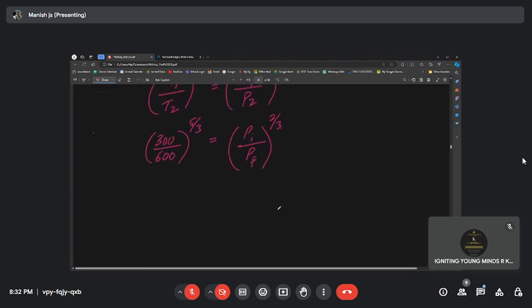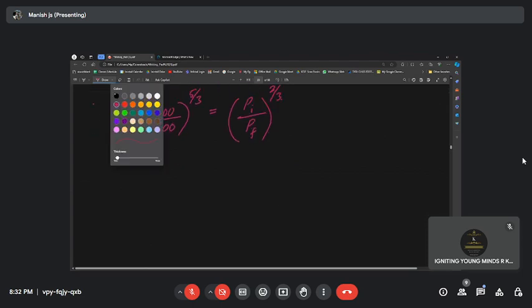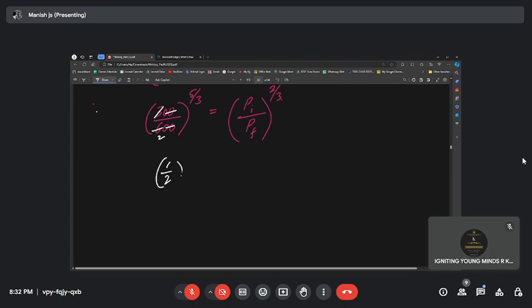Then when you simplify this, zeros you can cancel out, and you will get 1 upon 2 whole to the power 5 by 3 equals 1 upon Pf, because the initial was 1 atmosphere, so 1 upon Pf whole to the power 2 by 3.